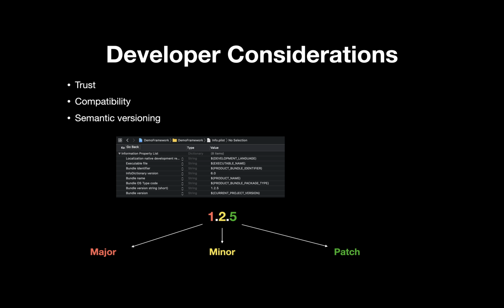An example could be adding a private property, which won't need anything to be changed from the consumer application side.